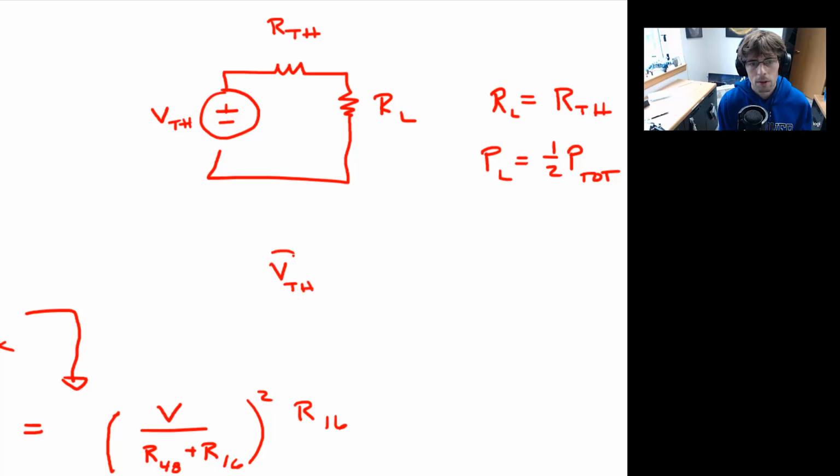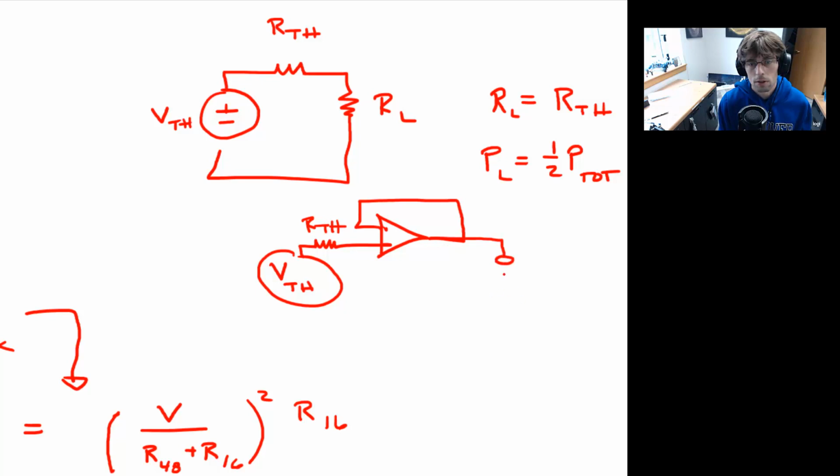You could imagine that now what we could do is take our Thevenin potential and run it into the non-inverting side of the op-amp with a follower circuit. Excuse me, I forgot the Thevenin resistance. So we do this, RTH. We run it to now our load, and then to ground.